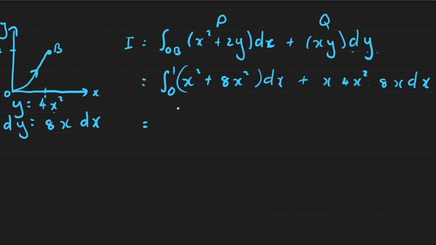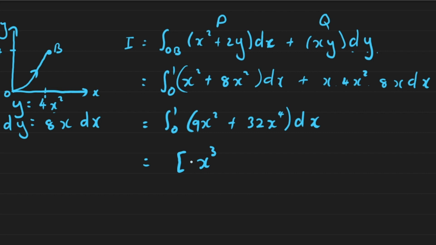Proceeding with this as we would generally do, we just simplify it a bit. So x times x squared times x is going to be x to the power 4, and 8 times 4 is 32. So we would have x squared plus 8x squared, that just gives us 9x squared. And we saw that this is 32 x to the power 4 dx. Then integrating this, x squared becomes x cubed. 3 times something must give us 9, and of course, 3 times 3 is 9. x to the power 4 becomes x to the power 5.